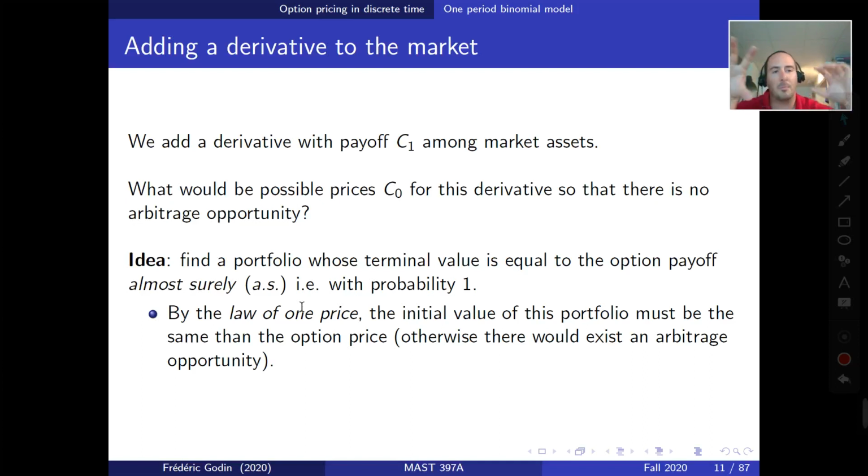And if both the portfolio and the derivative have the same payoffs, then they must have the same prices by the law of one price. This would entail that the price of the derivative should be the same as the price of that portfolio. And this is the strategy we're going to use to price the option in that context.